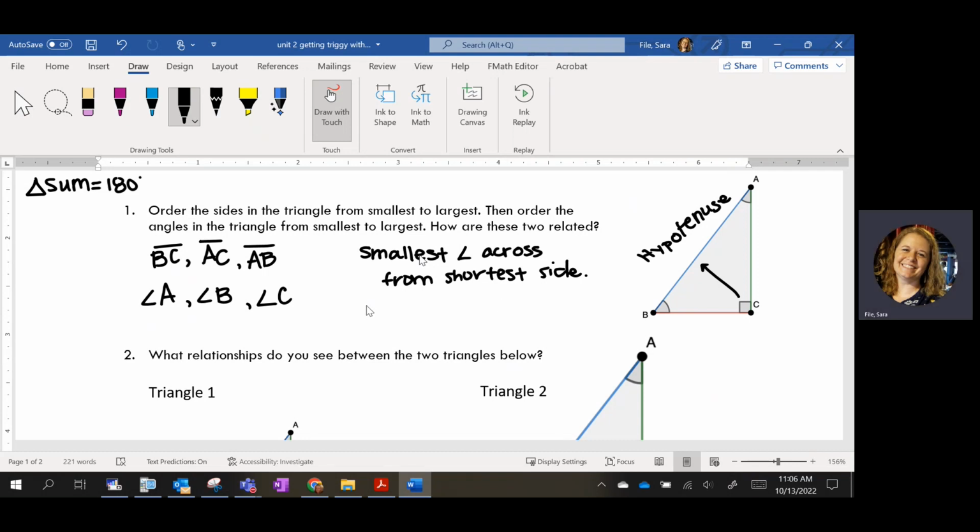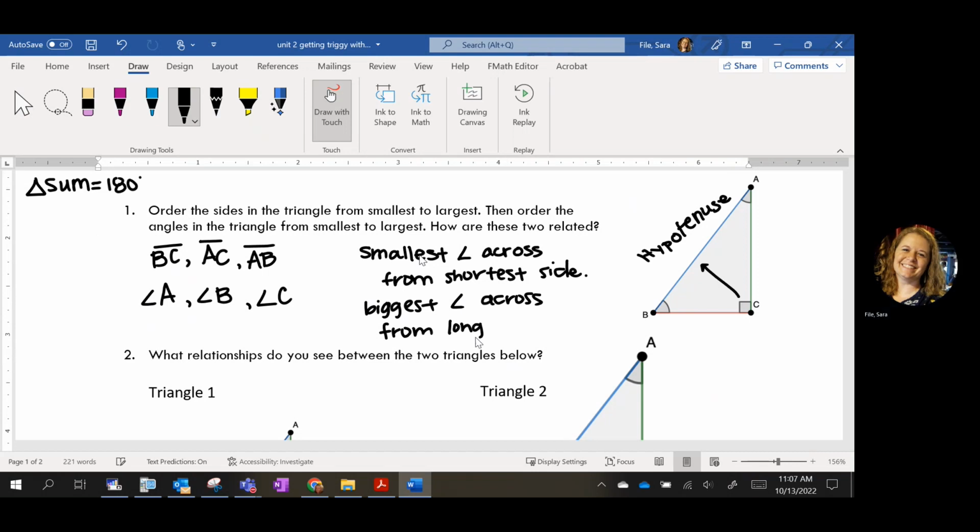Okay, the biggest angle or largest angle is across from the longest side, which in a right triangle, we knew the longest side is the hypotenuse. Okay. Y'all feel okay about that relationship? You remember that kind of from geometry now that we've talked about it?